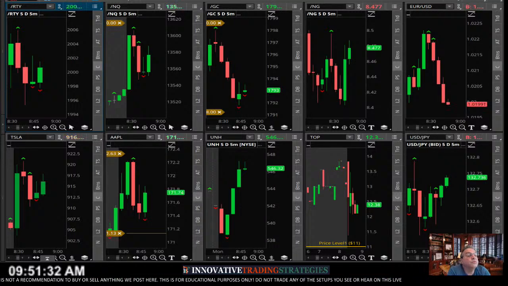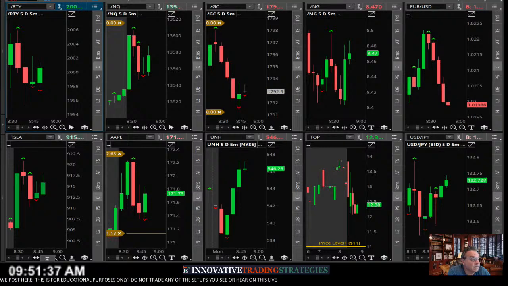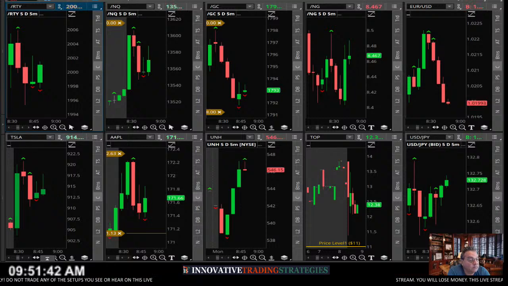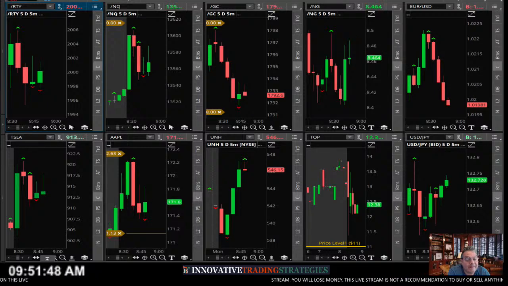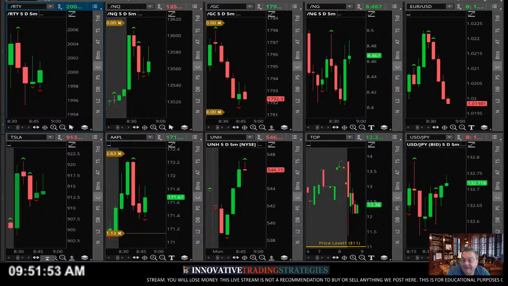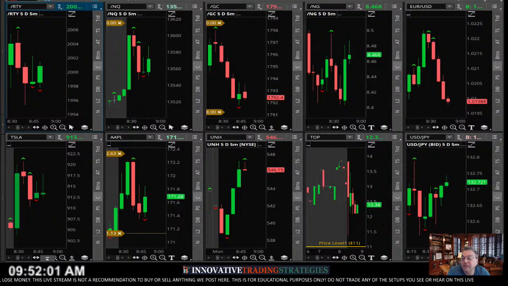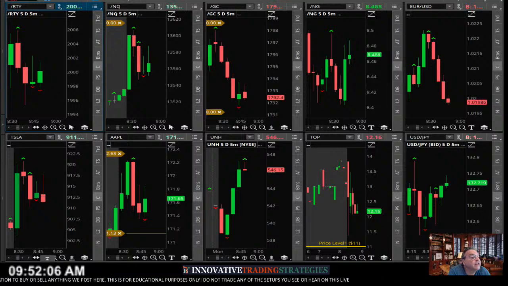Right, still short gold, still long the mini NASDAQ. Still long Apple, 172.63 target on that Apple. Dow's now down 30, so it's starting to come back off its lows.